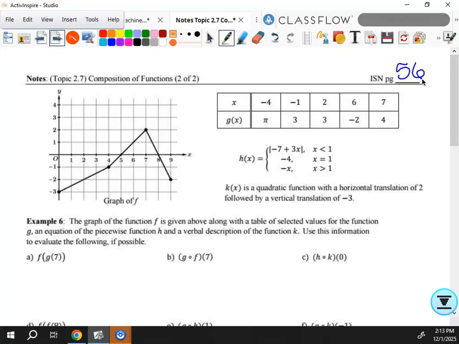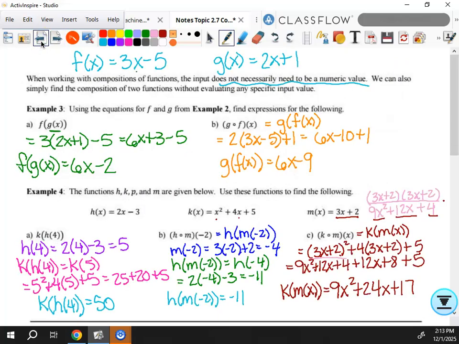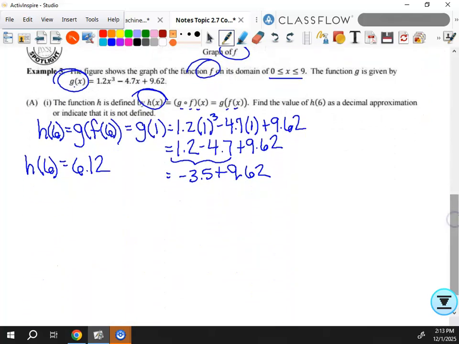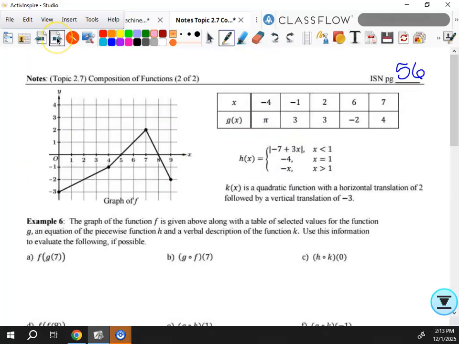Okay. Oh, and I overlooked part of the instructions, I did this last period too, that we're going to come back over here and talk about in a minute. It says to find the value of h of 6 as a decimal approximation or indicate that it is not defined. So we will talk about what it looks like if it's not defined, and why it says stuff like that.